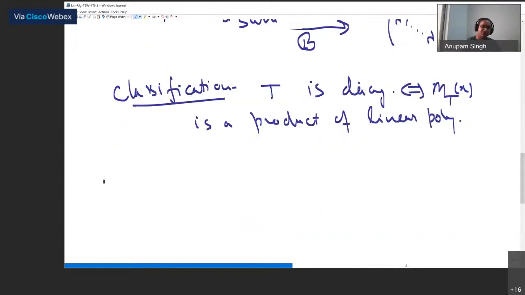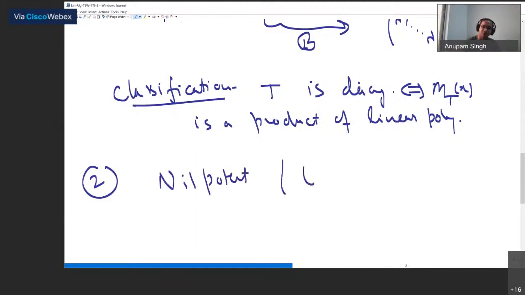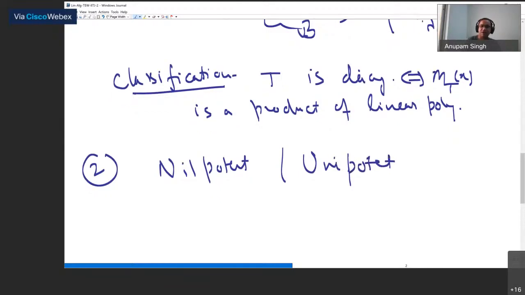And another example, we saw that you can think of nilpotent or unipotent matrices or transformations as an example of nice and simple.